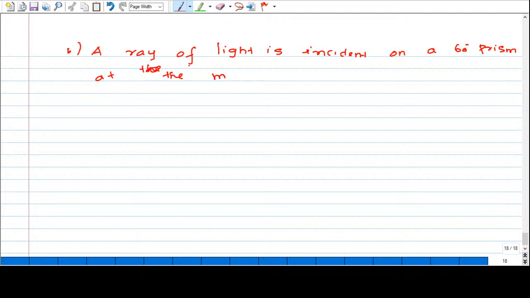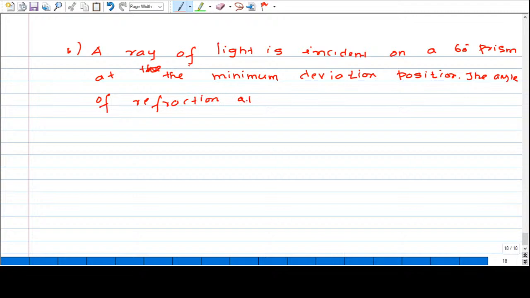At the minimum deviation position, the angle of refraction at the first phase, that is the incident phase of the prism, is dash.